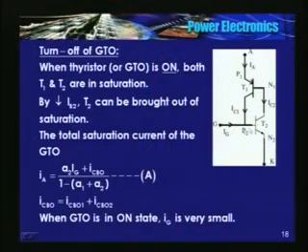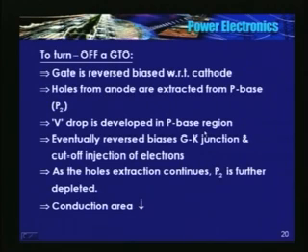Okay. Now, how to turn off a GTO, or what happens exactly during the turn off process? Ig has reversed. Ig is flowing out of the gate. Ig is connected to P2. Now Ig is flowing out of the gate terminal, so holes are extracted from P2.